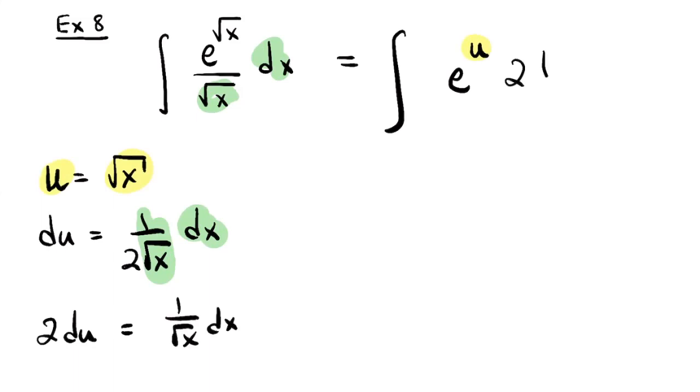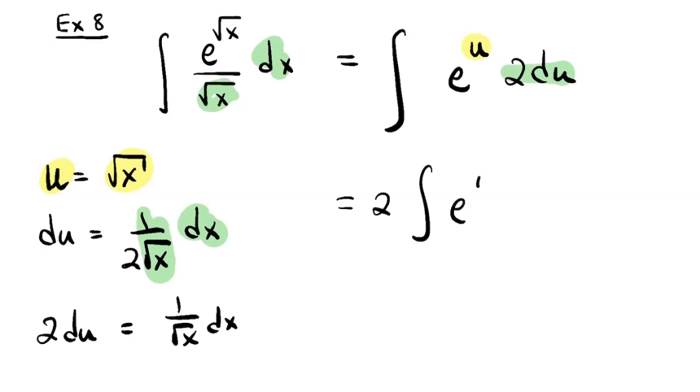So if I replace that 1 over square root x dx with 2 du, then I've accounted for everything. Okay, 2 is a constant, so I can pull it out. So this is just an integral of e to the u. The antiderivative is 2e to the u plus a constant, replacing everything in terms of x.